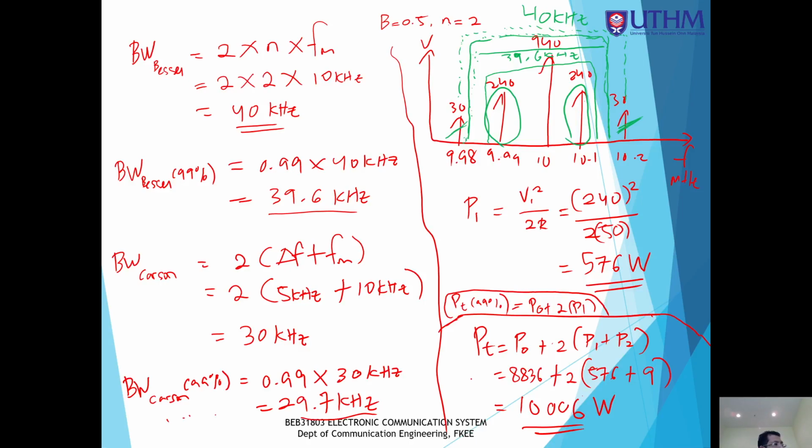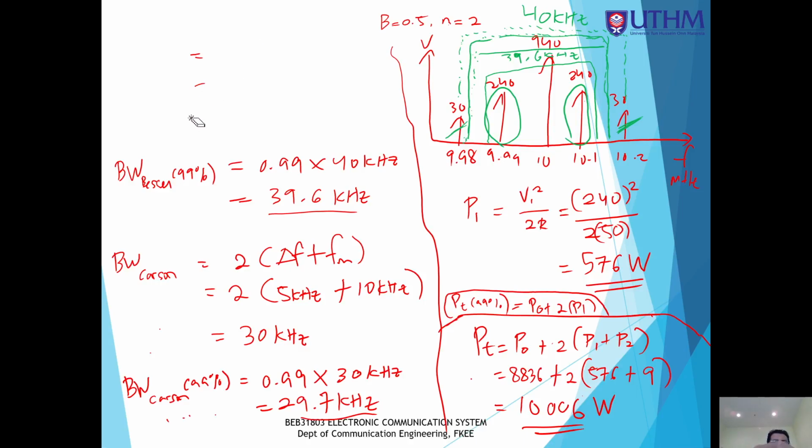There's also another parameter that can be asked, which is total information power, which is equal to 2 times P1 plus P2.